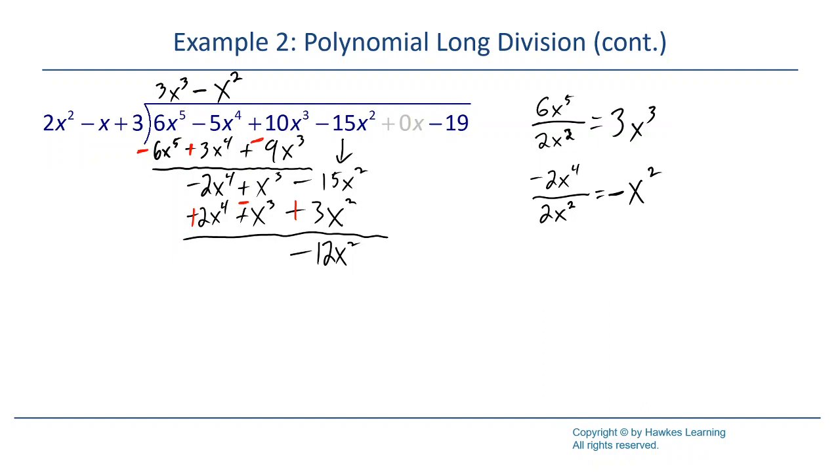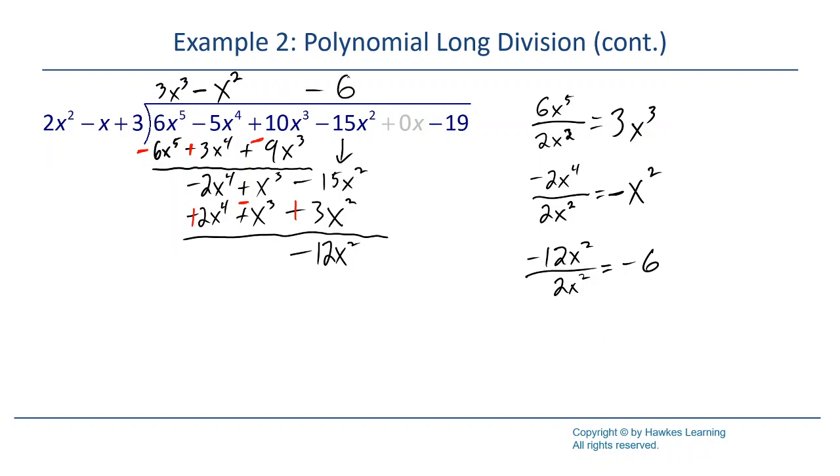Okay, no worries. So now we do negative 12x squared divided by 2x squared. Negative 12 divided by 2 is negative 6, and x squared divided by x squared is 1. So then we just subtract off 6.